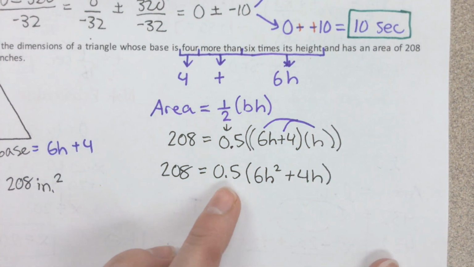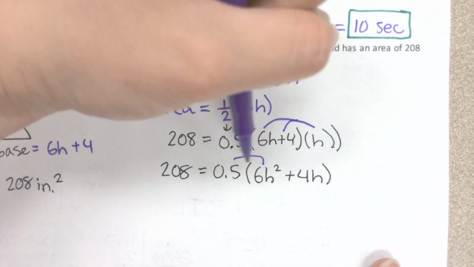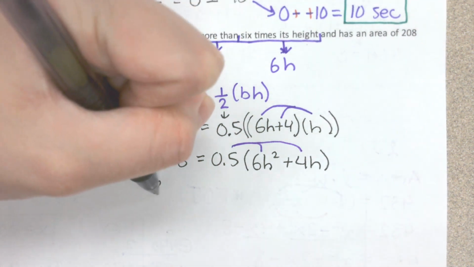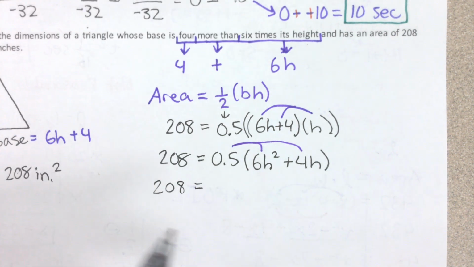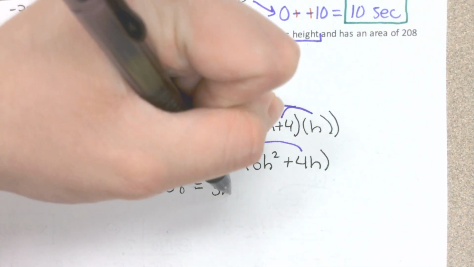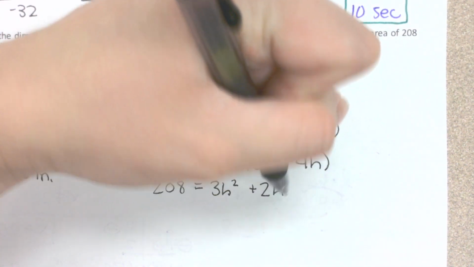Now I'm going to multiply the 0.5 into here, distributing. 208 equals, I'm going to do this without a calculator. Basically, I'm just going to divide both of these numbers by 2. 3h squared plus 2h.